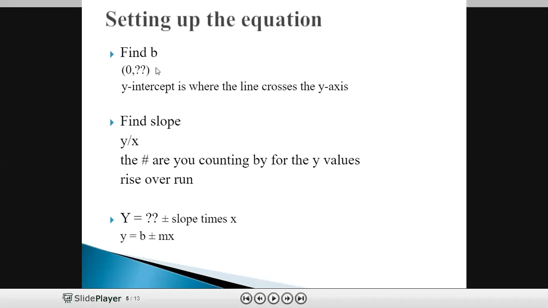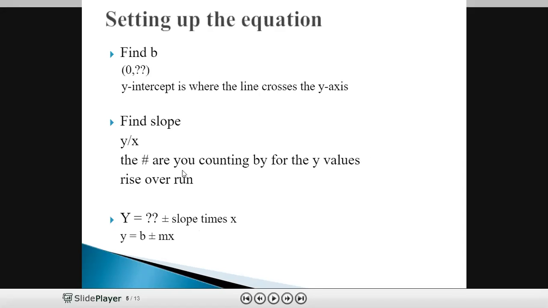You have to find b, the y-intercept, where the line crosses the y-axis, and find the slope, which is y over x, or rise over run, and then y equals something plus or minus the slope times x. So the equation by the end will be b plus or minus mx. Why plus or minus mx? Because the slope could be positive or negative.